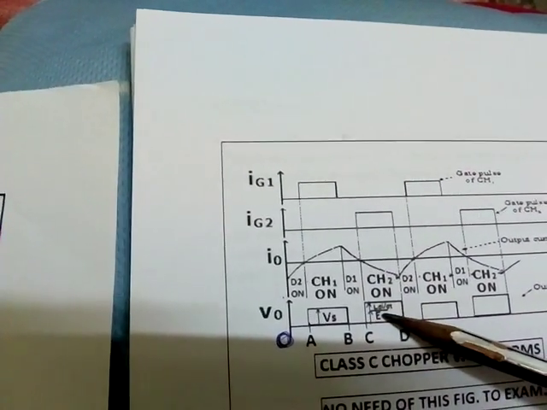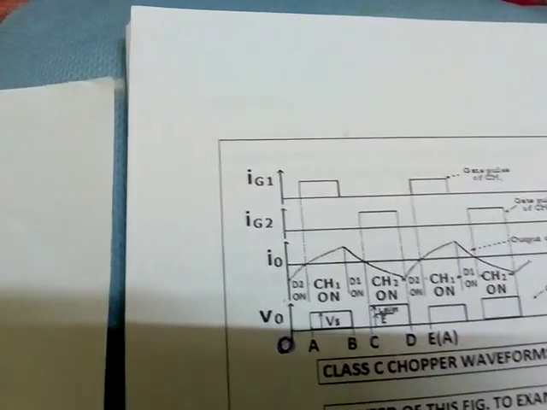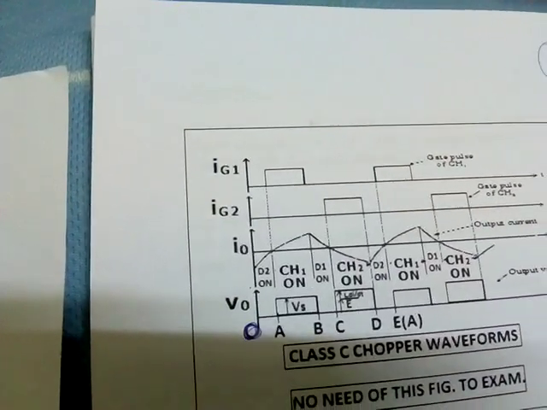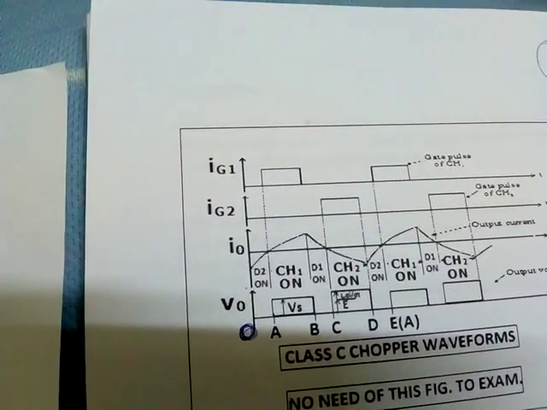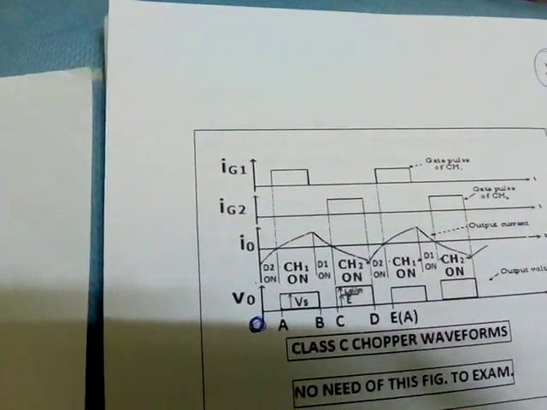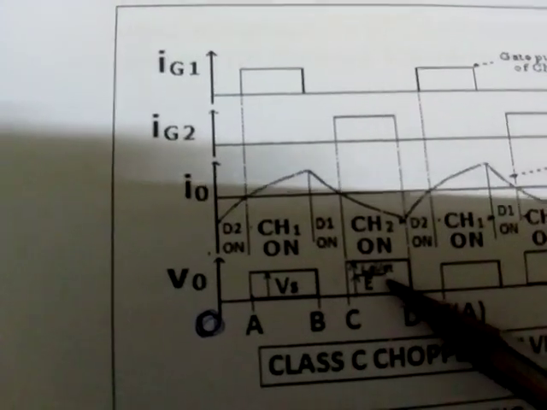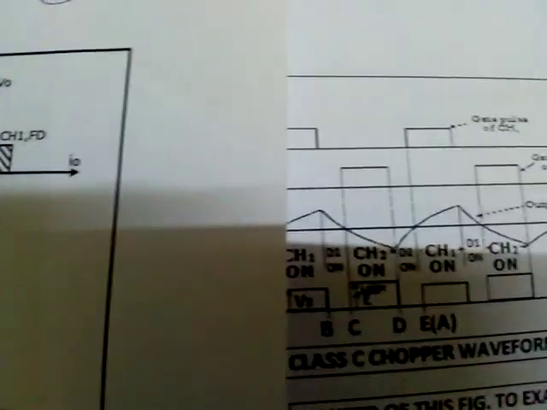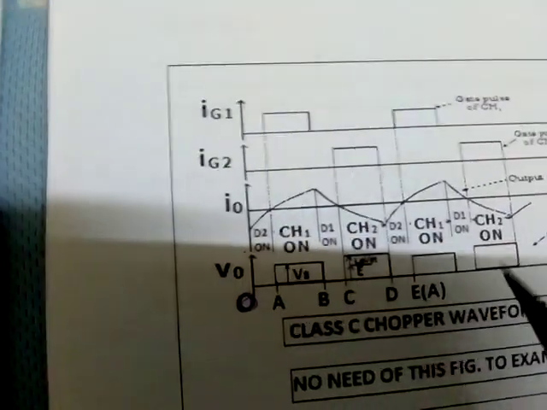When chopper 2 is on, voltage will be equal to E, back EMF, plus L dI by dt. See, when chopper 1 is on, it is supply voltage.